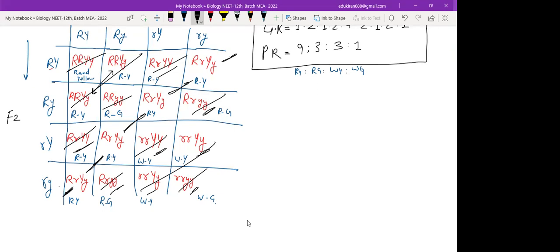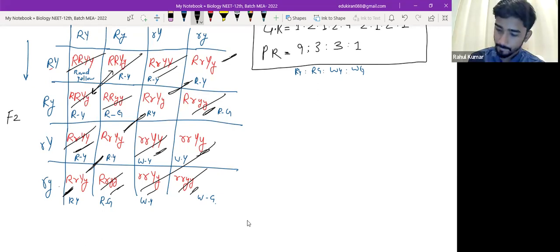Sir, can you repeat from hybrid plant? Yes. The law states that when two pairs of characters are combined in a hybrid plant or animal, so don't write plant, just write in a hybrid.